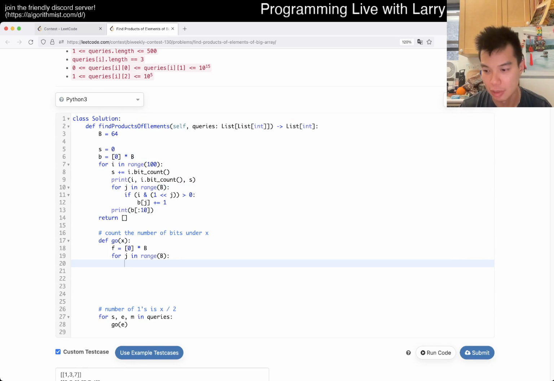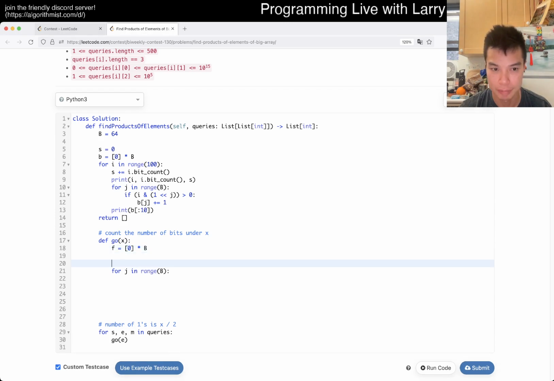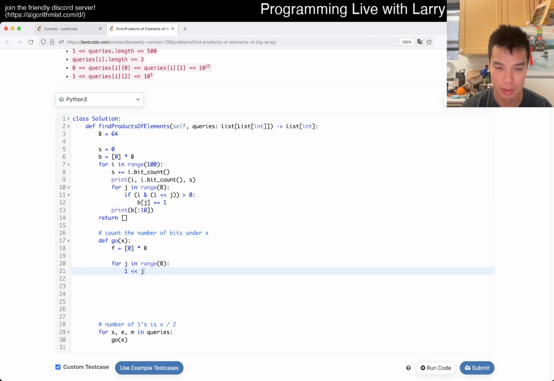Okay, so then now, for J, it is going to be, okay, so 1 to the J is going to be the half, right?